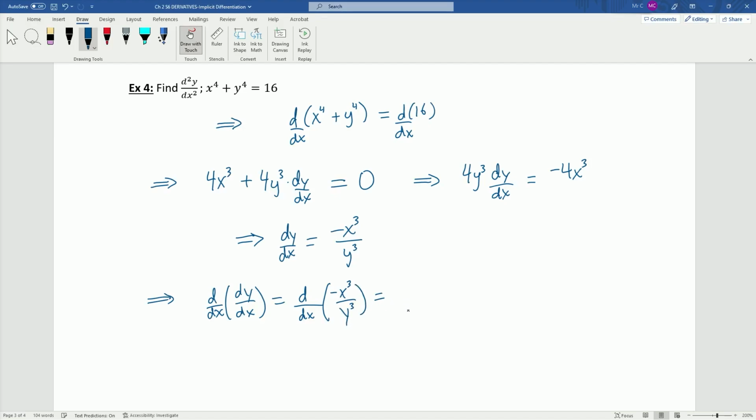So here we just apply the quotient rule. So we get the low d high, y cubed times the derivative with respect to x of negative x cubed, minus high d low, that's negative x cubed times the derivative with respect to x of y cubed, divided by low squared.